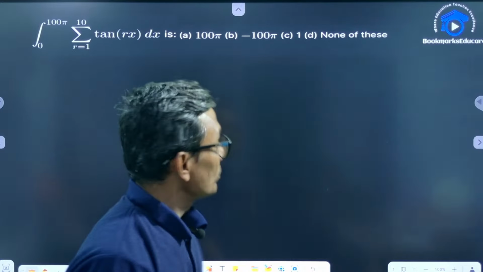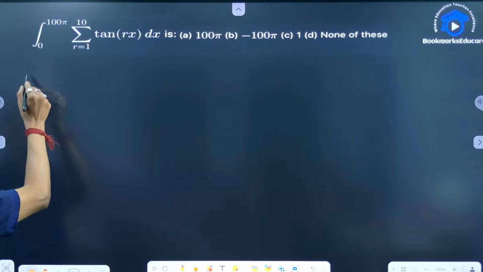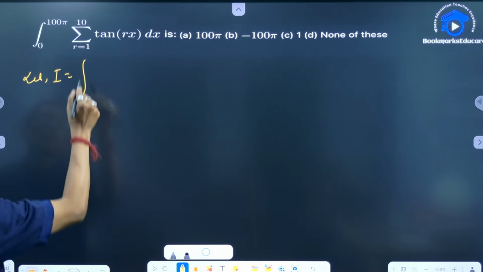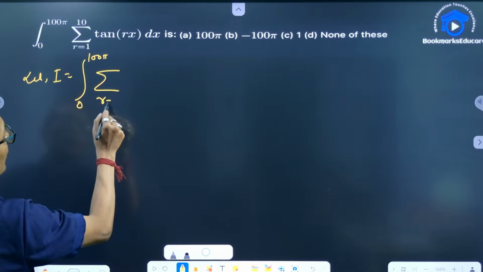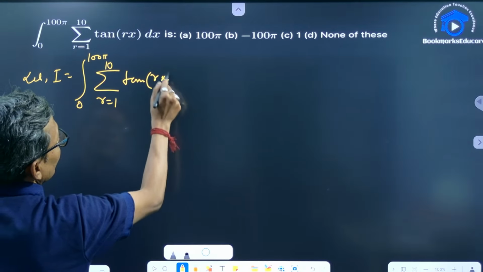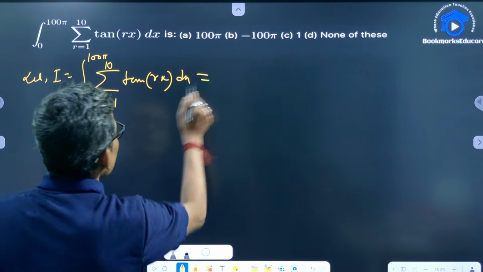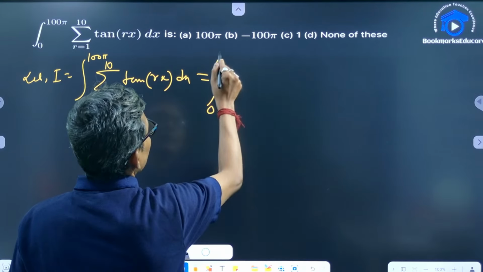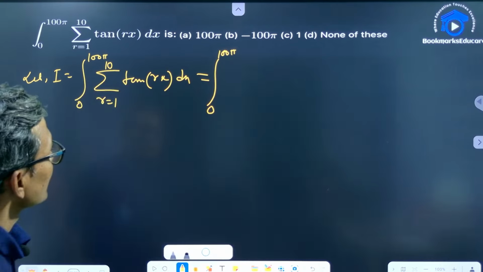This sum is a very tricky sum. Let I is equal to integral 0 to 100 pi of sigma r is equal to 1 to 10 of tan of r x dx. So we have to split this integrand part.